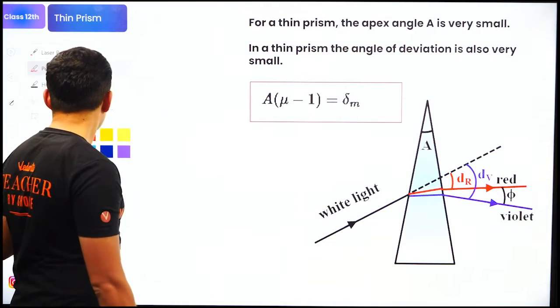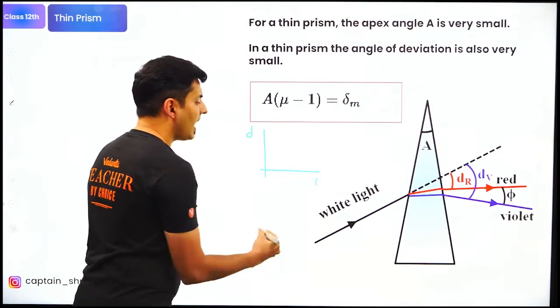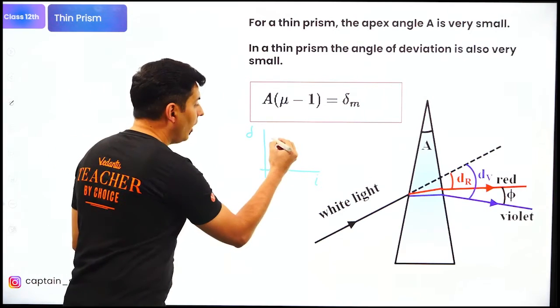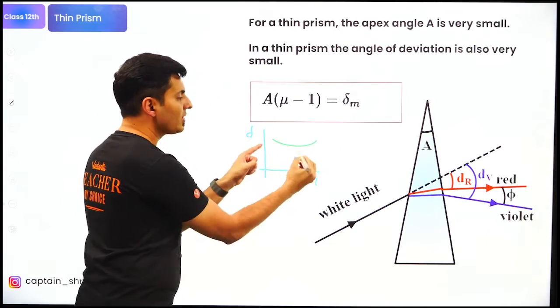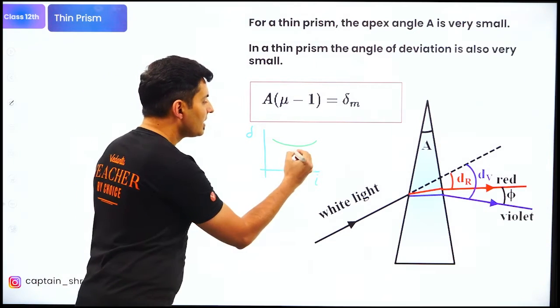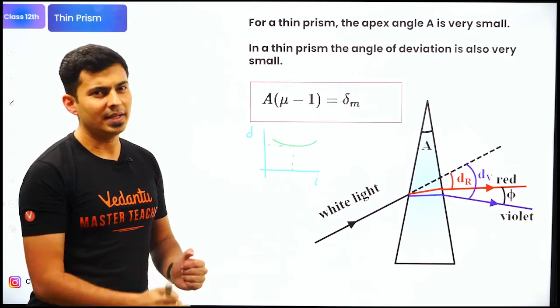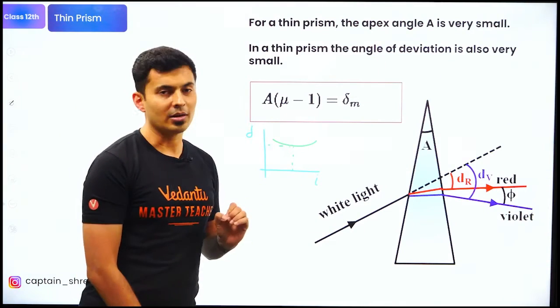Also worth noting is that the deviation versus angle of incidence graph is almost a flat line. It's not curved so much like for a normal prism. So you will see that the deviation is almost the same for most angles of incidence, only for a thin prism.